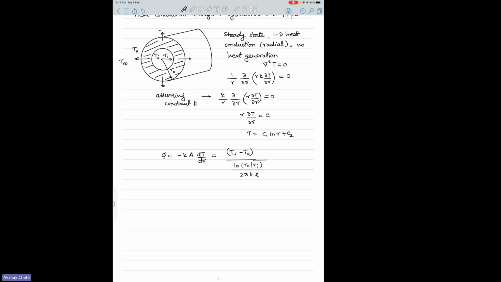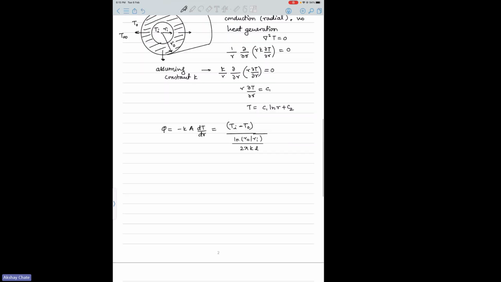So this is the important point. This is nothing but the thermal resistance of a cylindrical wall. As we discussed in the slab case, it was thickness by k into cross-sectional area. Here it is ln Ro by Ri over 2 pi k L.